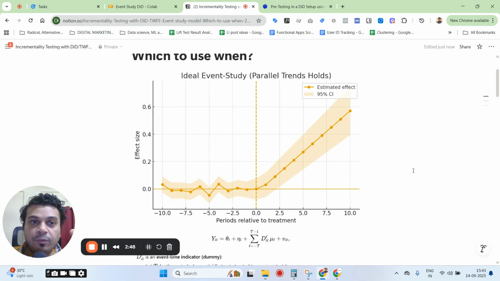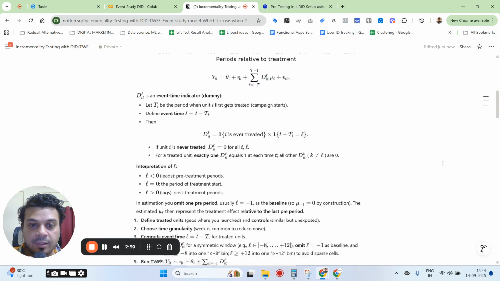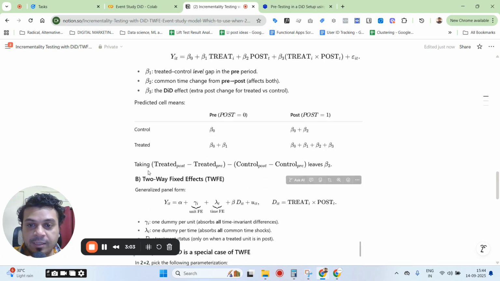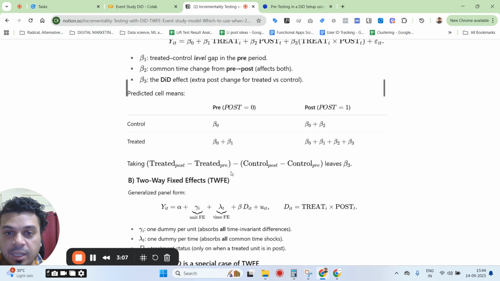Now you have to take a difference between the pre-test and the post-period differences between these two. Essentially, that's pretty much difference in differences, right? So I'm going to show that to you in a moment as well. In fact, I can just scroll down and show you. There's going to be quite a bit of math here, but this is the basic relationship. Okay, so treated post minus treated pre minus control post minus control pre, right? So that's not very difficult.